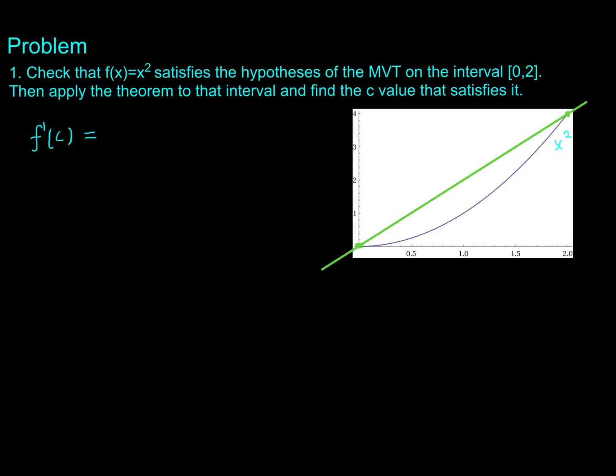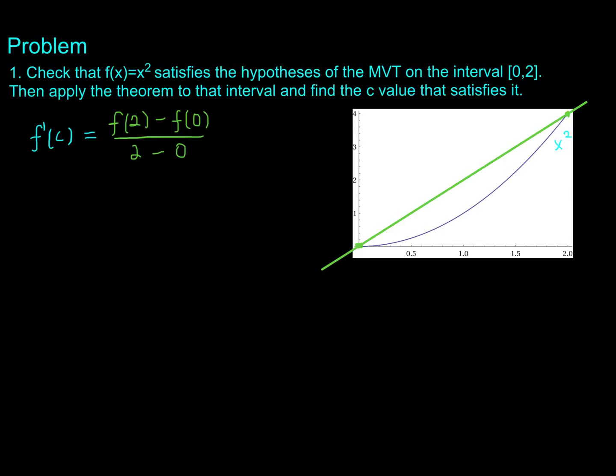And so I can represent that, the slope of the green line, I'll draw this in green, will be f of 2 minus f of 0 divided by 2 minus 0.